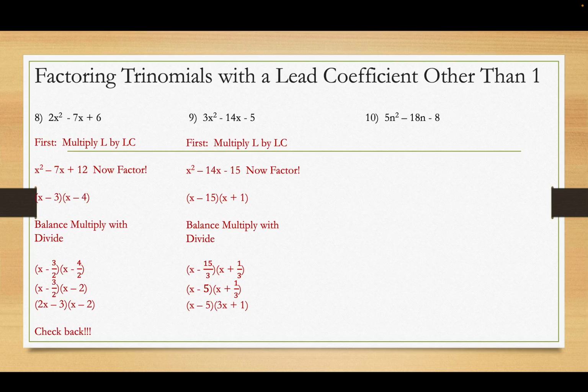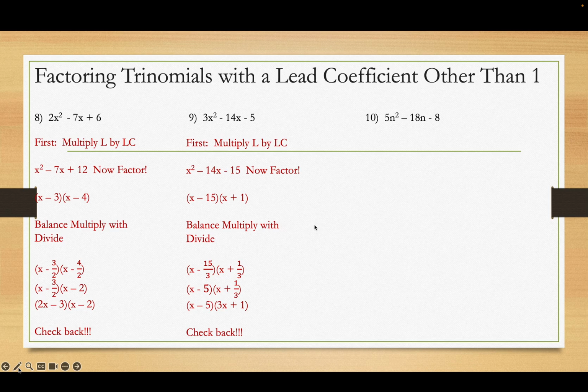So that's 3x plus 1. Checking it back, x times 3x is 3x squared, x times 1 is 1x, negative 5 times 3x is negative 15x, 1x and negative 15x do make negative 14x, and negative 5 times 1 is negative 5.